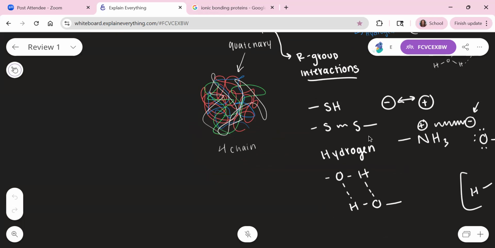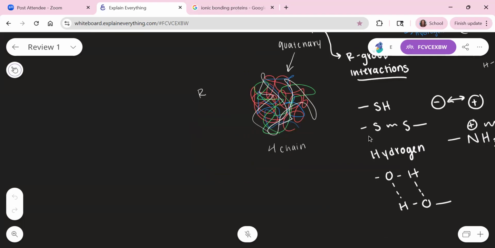And this is where we move into quaternary, when we have interactions. We can have R group interactions, and we can also have, remember how we were talking about amino acids can be hydrophobic and hydrophilic, when we have something that's polar and something that's non-polar.